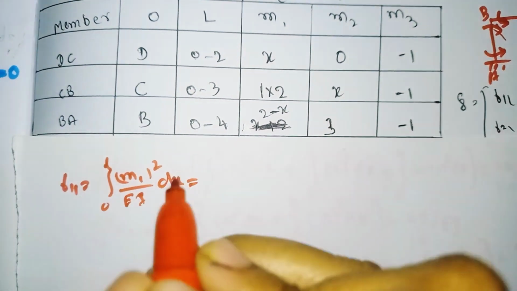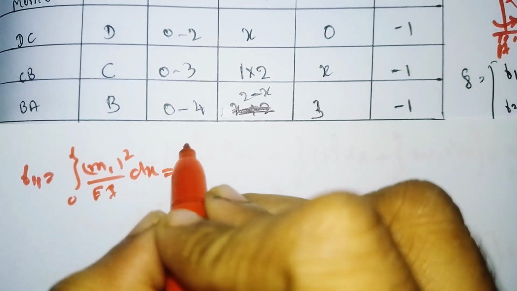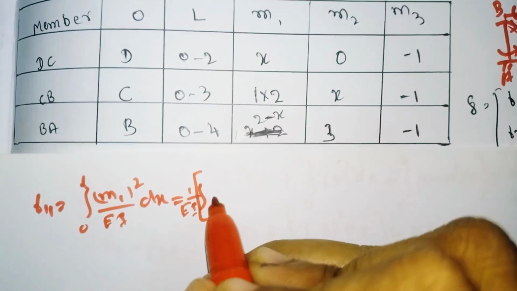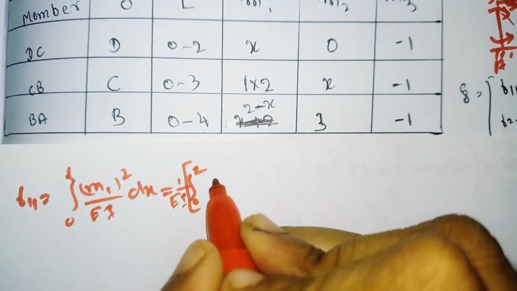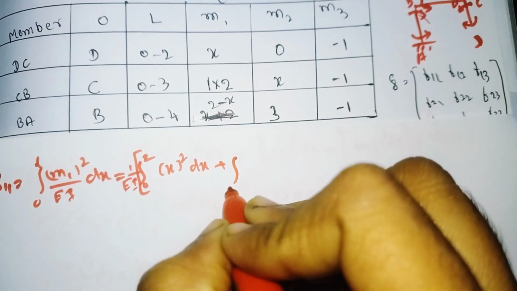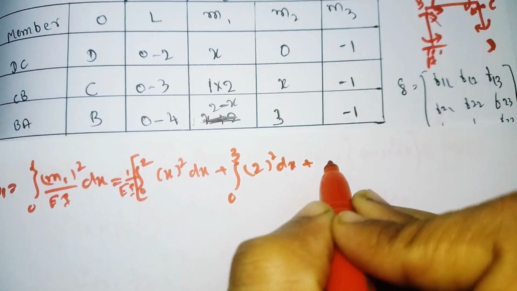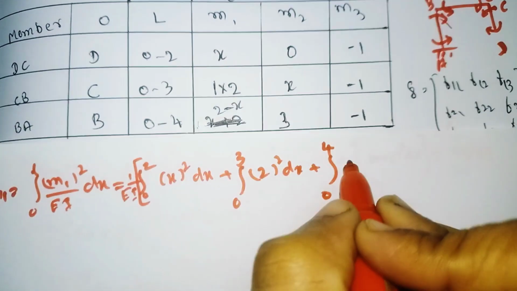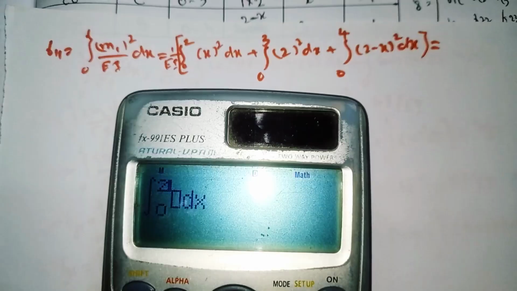EI is constant, so I am taking it outside: 1 divided by EI, bracket, integration of DC with limit 0 to 2, M1 is x, so x whole square dx, plus for CB M1 is 2, integration of 0 to 3, 2 square dx, plus for BA we have the limit 0 to 4, M1 value is 2 minus x, 2 minus x whole square into dx, close the bracket. Now solve it by using calci.